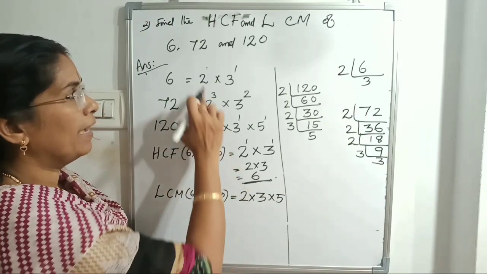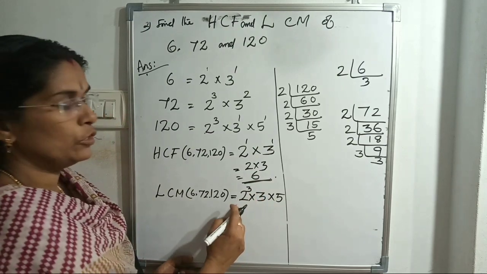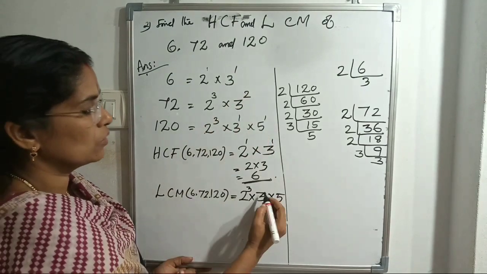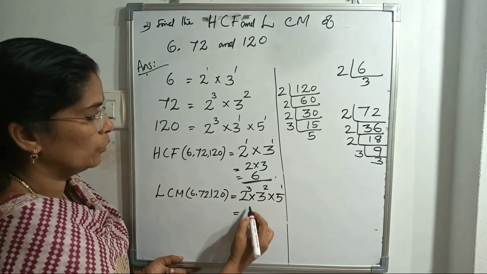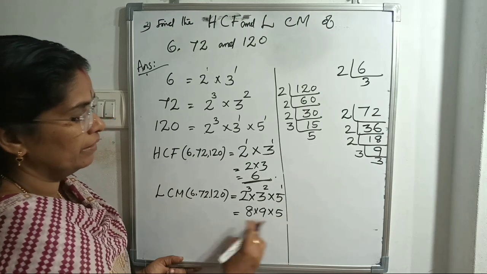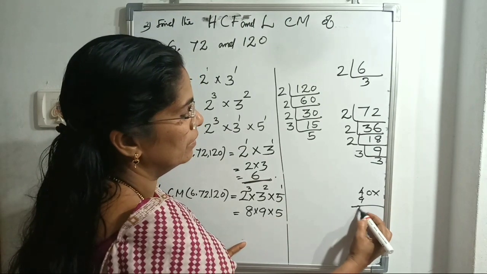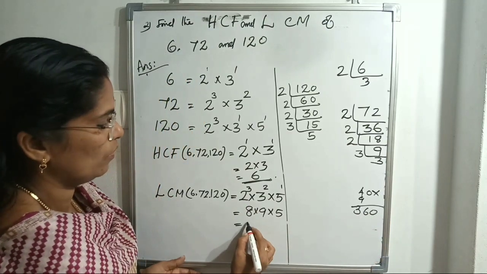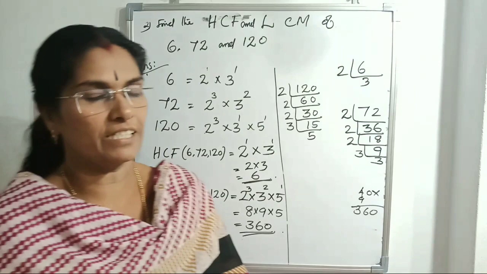And find the highest power. See, here 3 is the power, so 2 cube. Here 3 square. And 5 is 1 only. So 2 cube is 8, 9 into 5. 8 fives are 40. 40 into 9 is 360. So the answer is 360. The LCM is 360.